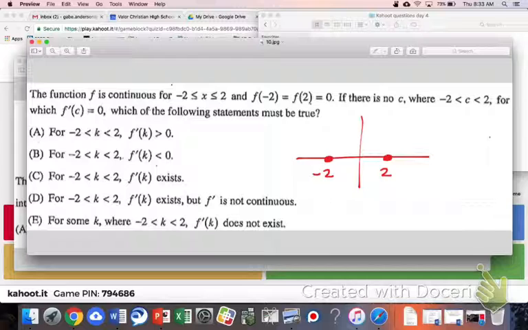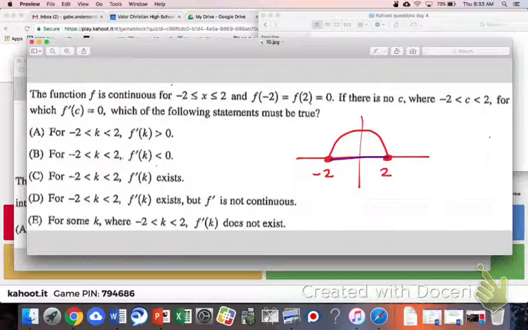So then it says there is no c on the open interval for which f prime equals 0. Which of the following statements must be true? The idea of f prime being 0 is pretty important because if f is continuous and if it were differentiable, then it would maybe look something like that, right? And since the average slope is 0, the average slope being represented by my purple line right here, that means by the MVT, you'd actually have to have an instantaneous slope of 0 somewhere in there.